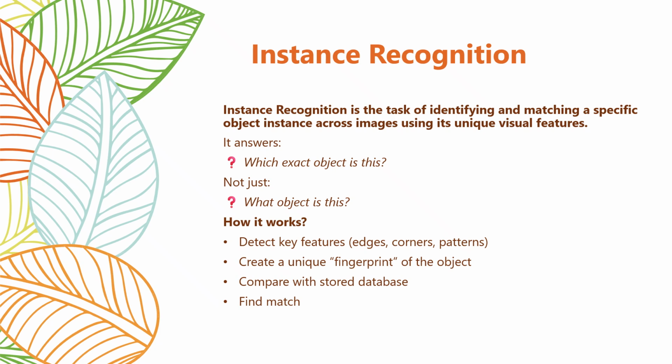The process begins by detecting unique visual features, such as corners, edges, textures, and patterns. These features are combined to create a unique fingerprint, also called a feature descriptor. Then the descriptor is compared with previously stored objects in a database. If a close match is found, then the system will identify the object.